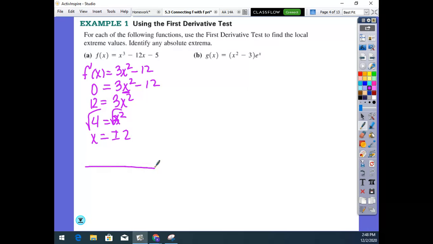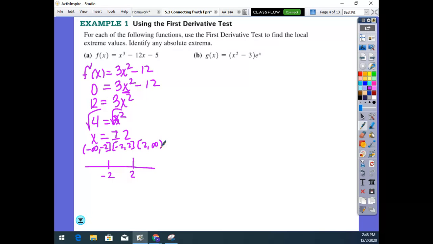We're going to consider from negative infinity to positive infinity, looking at negative 2 to 2. All right, so let's make our intervals because I think it's just easier that way. Negative infinity to negative 2, including negative 2. Negative 2 to positive 2, and 2 to positive infinity.